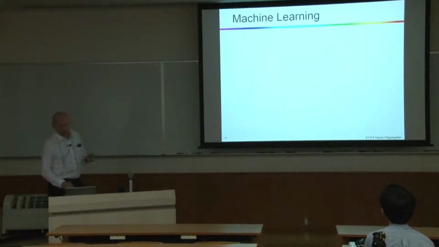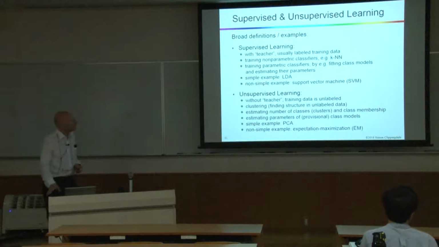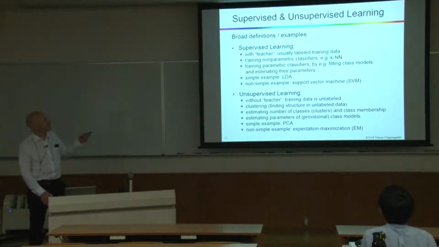So, now onto the final bit of the course, which is machine learning. Some broad definitions. Basically, there are two types of machine learning, supervised and unsupervised. In supervised learning, or learning with a teacher, you have labeled training data.